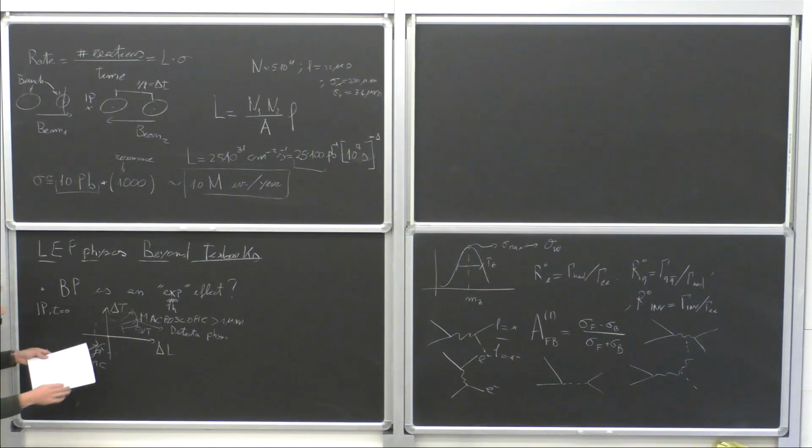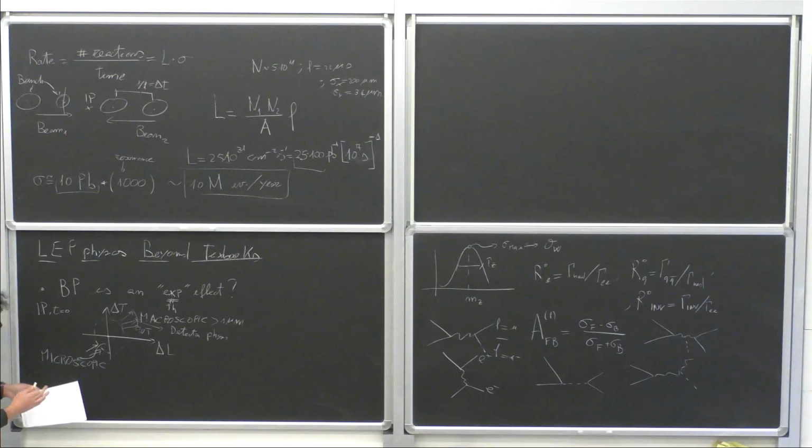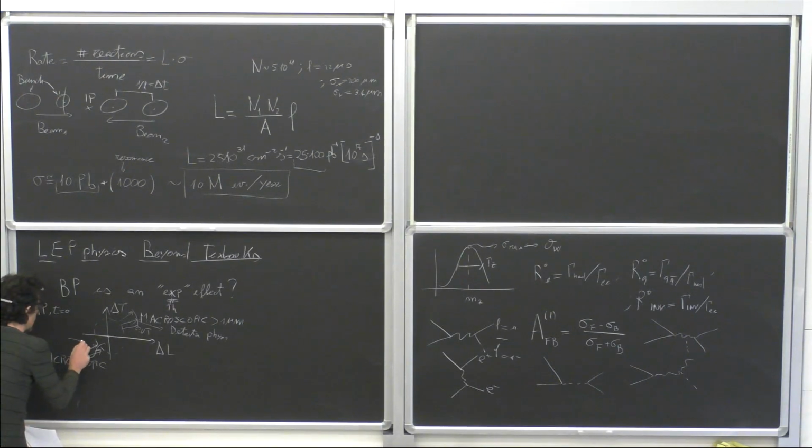So the beams that I've drawn there, they are of course macroscopic objects that arrive and collide, and they define the initial condition for the scattering. So this refers to how the particles are prepared before the collision.